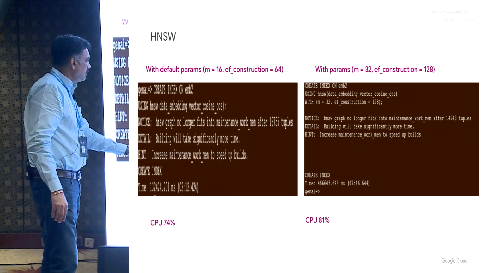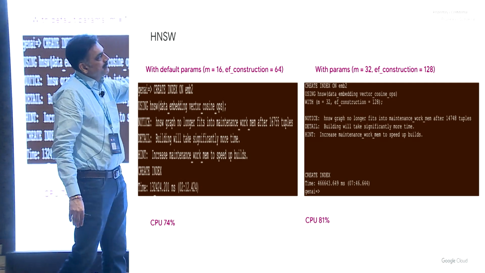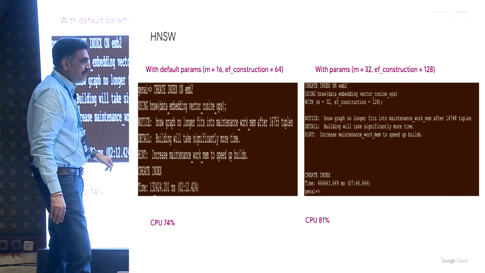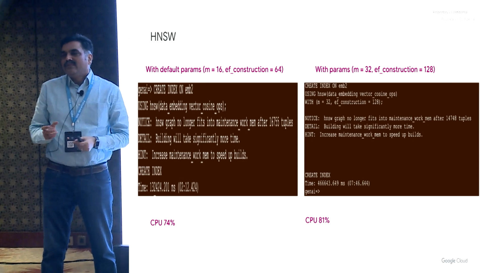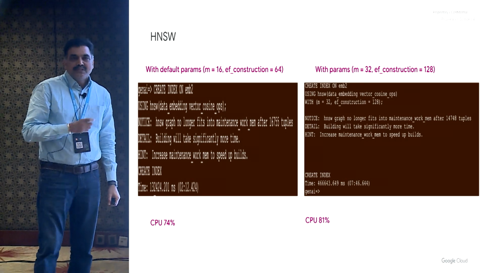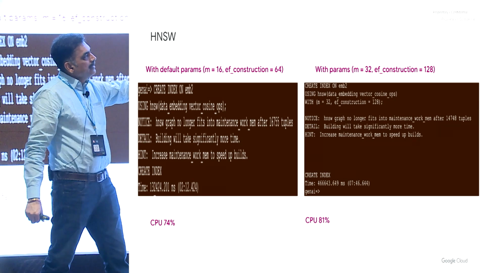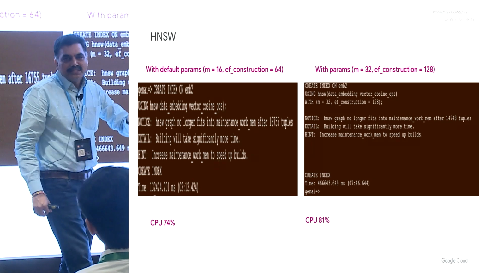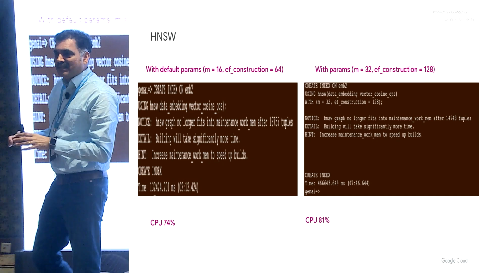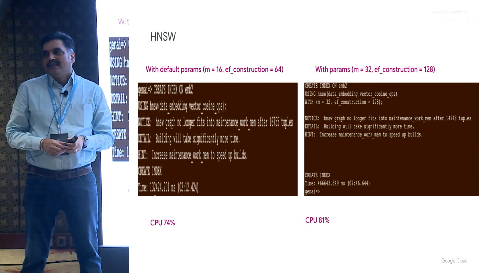I just doubled the values from 16 to 32 and 64 to 128, but my timing has increased exponentially. You can see the impact of increasing this. It's not linear. I even tried M 64 and EF construction 256, and after 30 minutes it was still building. That gives you the impact of these on your index building process.